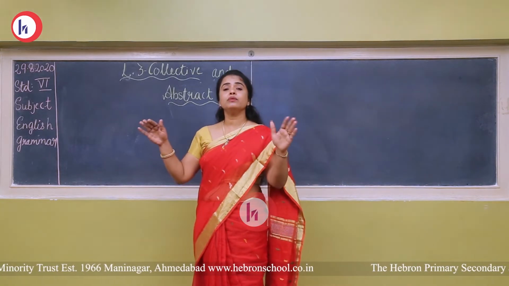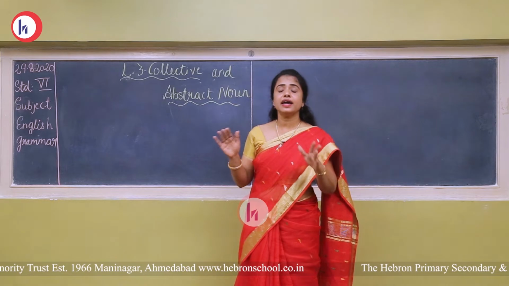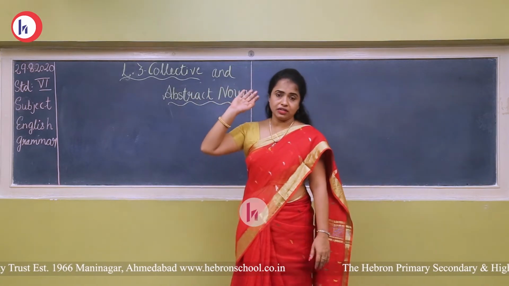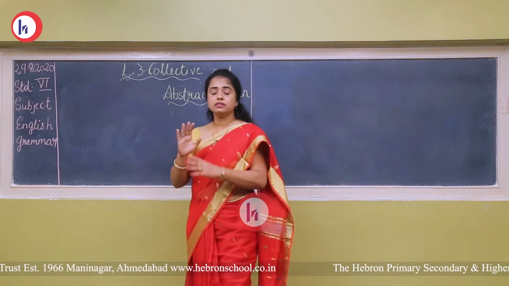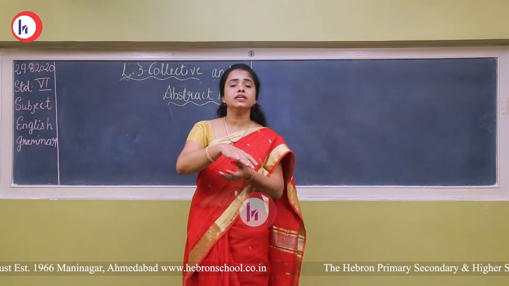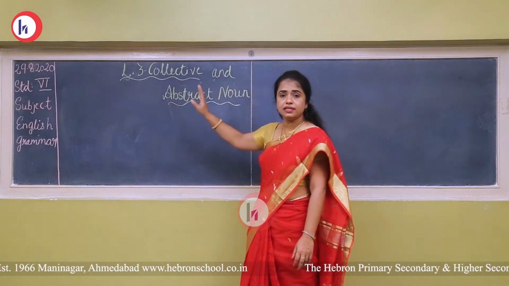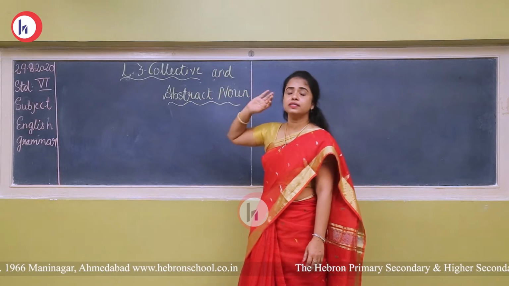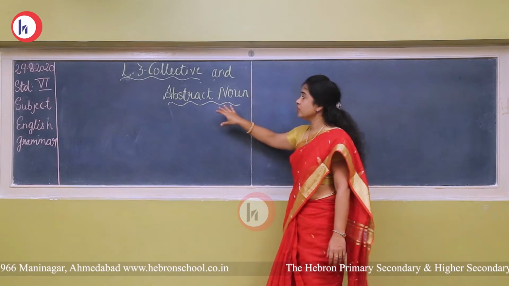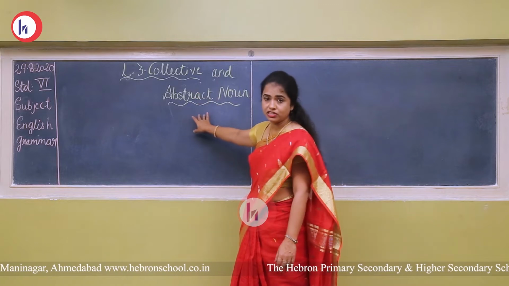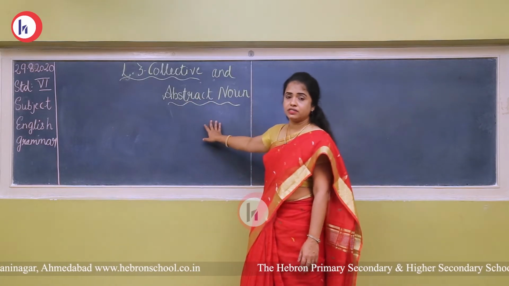These all are a feeling, a thought, an idea or an expression. That is known as abstract noun. You should understand both the collective and abstract noun definitions. Then you refer to your textbook, and you can get better clarity on the difference between the collective and the abstract noun.